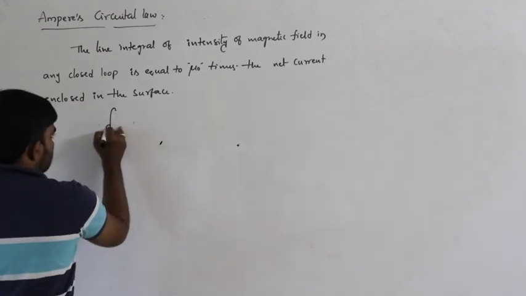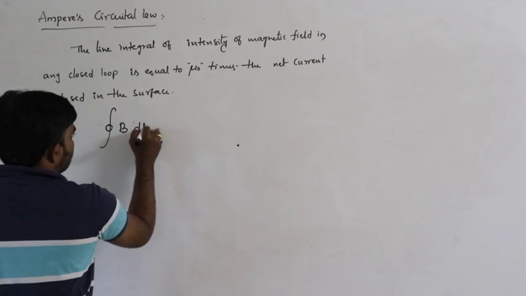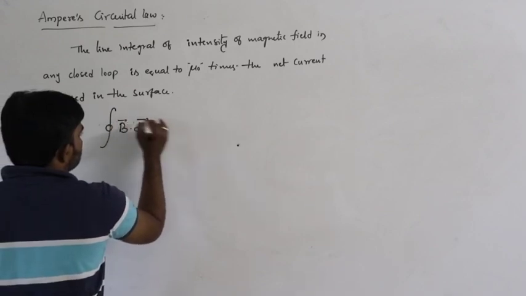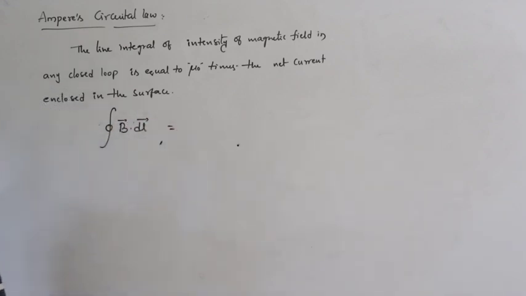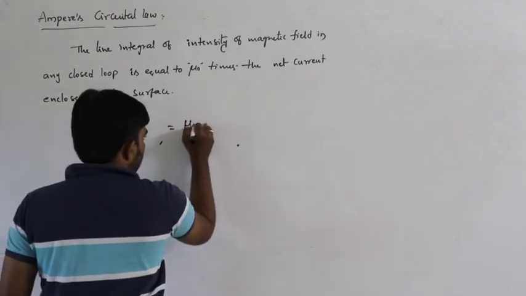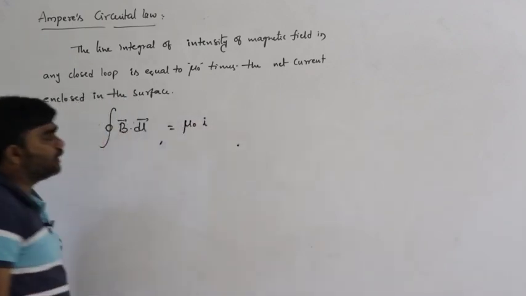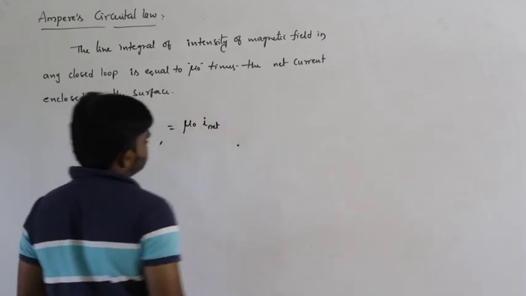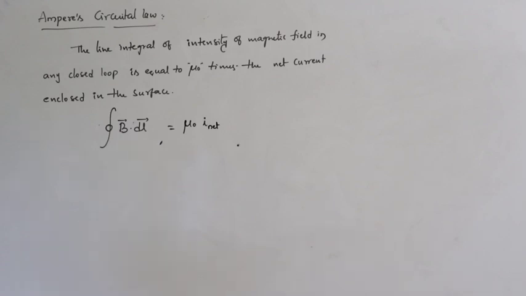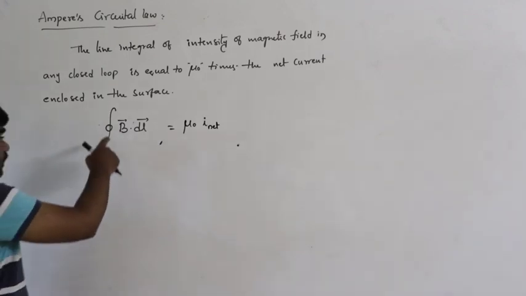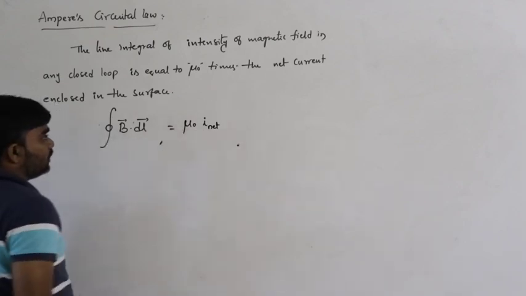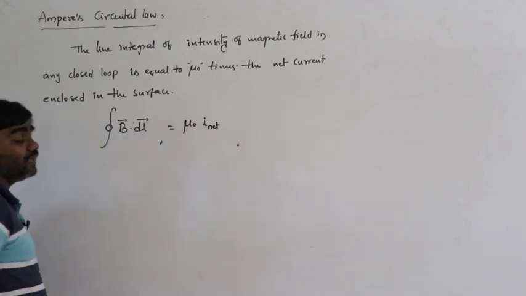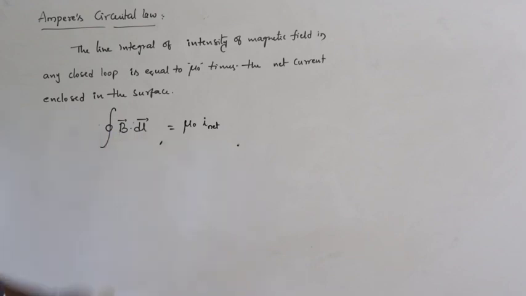That is, integral of B dot dL, B vector dot dL vector, is equal to mu naught times I net. So this is Ampere's law. Integral of B.dL is equal to mu naught into I net.